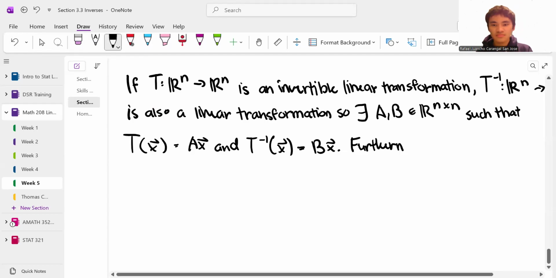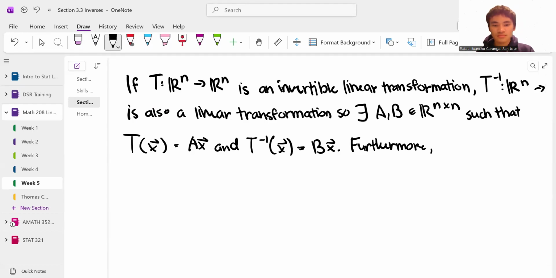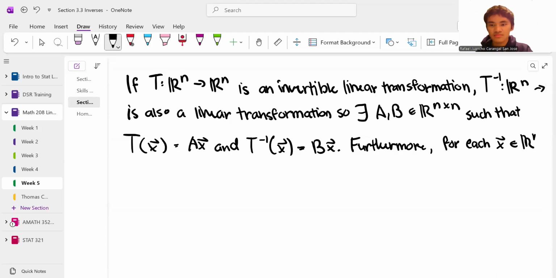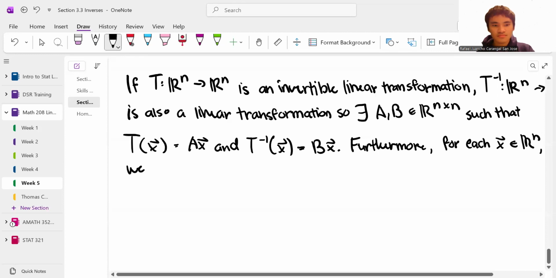Furthermore, for each X in Rn, we have the following.